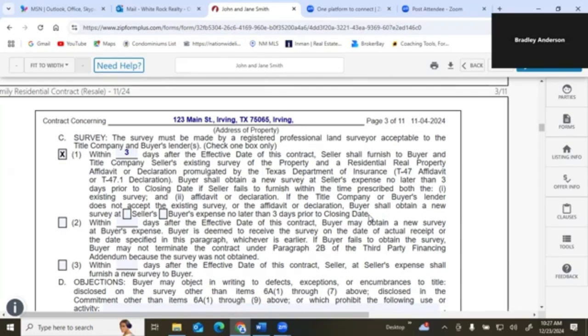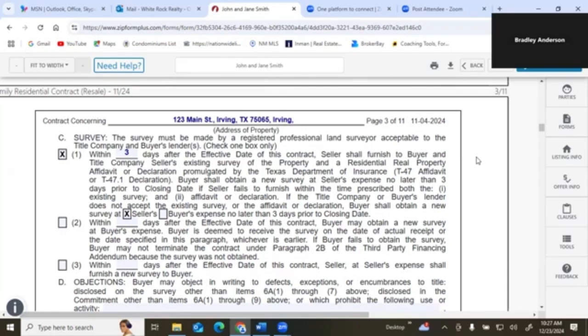So if you have to check this, I would say the seller has to pay for it. But I want to caution you that a survey could take a while.